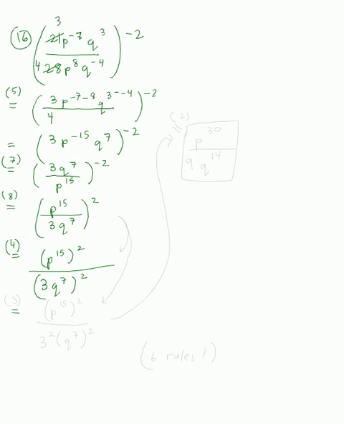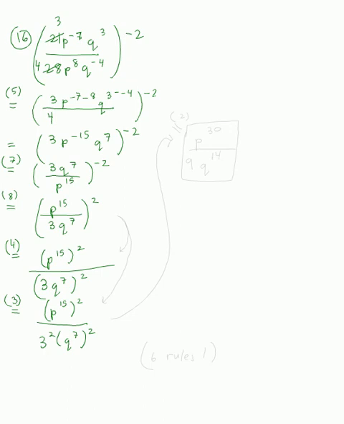Next, I apply the power to a power for the top. Let me actually not do that yet, because I want to simplify the bottom first. So this becomes 3 squared and then q to the 7th squared. Now what rule did I use to distribute that? I used the power for a product. That's rule 3.